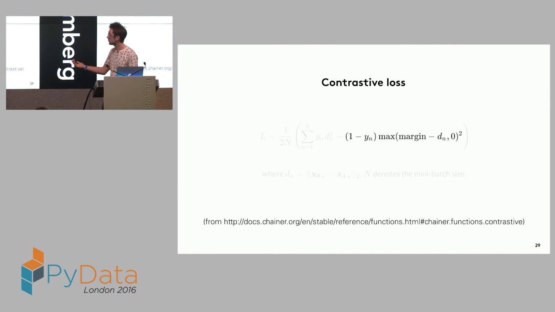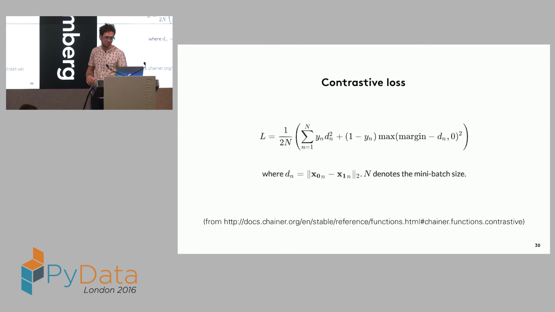If the pair is different, then the cost is proportional to how close they are if they're closer than some distance. But if they're outside of some margin, a typical margin being 0.2, so if they're more than 0.2 apart in this space, they don't cost anything. So we're not trying to move things arbitrarily far away, just far enough to have a bit of space around things. And then we just combine these two terms and average them, much like log loss and those kinds of things you'll be familiar with.